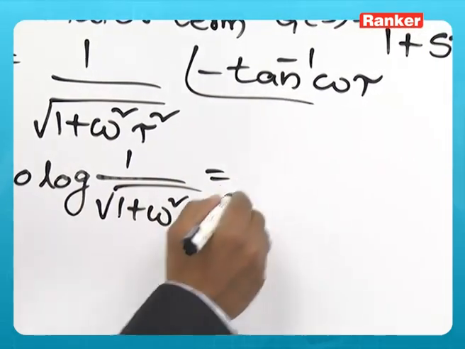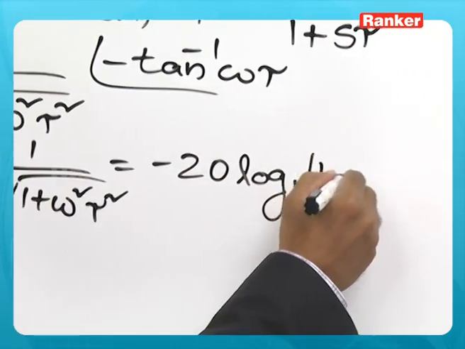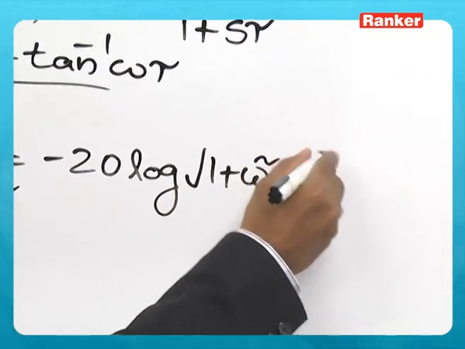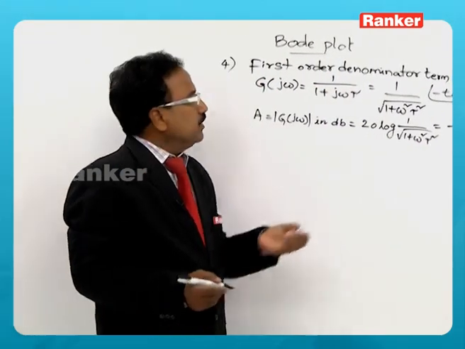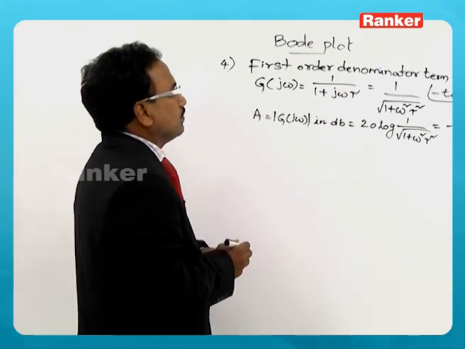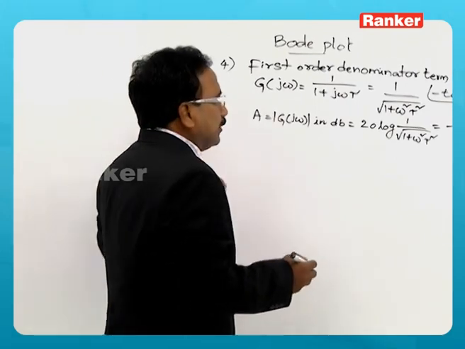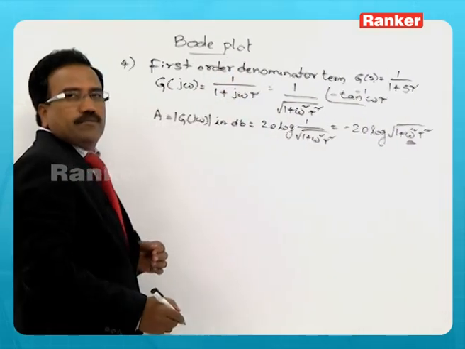So, this can be written as minus 20 log under root of 1 plus omega square tau square. I have taken the denominator term to the numerator, so a minus sign will appear in the magnitude. Now, you can see that this magnitude term depends on omega.